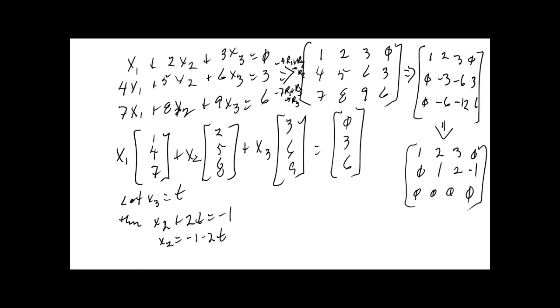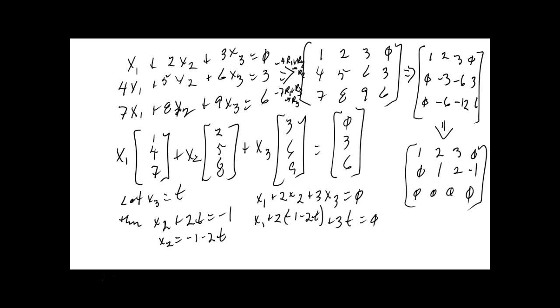Okay. And then we can do x1 plus 2x2 plus 3x3 is equal to 0. And that would be x1 plus 2 times negative 1 minus 2t plus 3 times t is equal to 0.